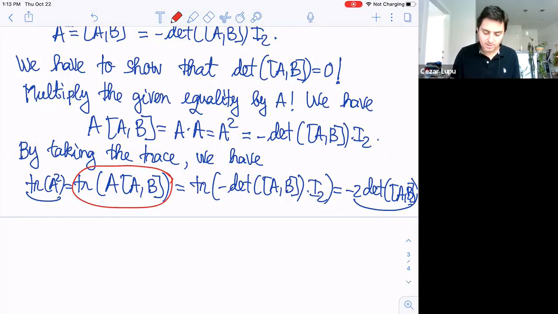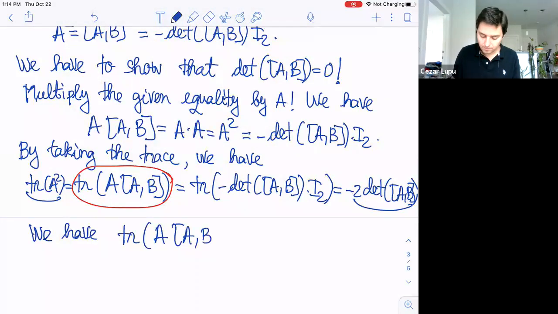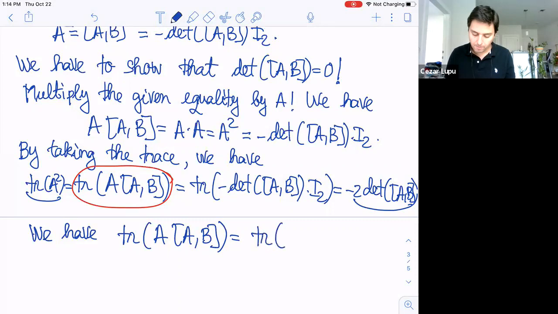Let's compute it, but let's actually use the definition. By the definition, the trace of A bracket AB is the trace of A times AB minus BA.